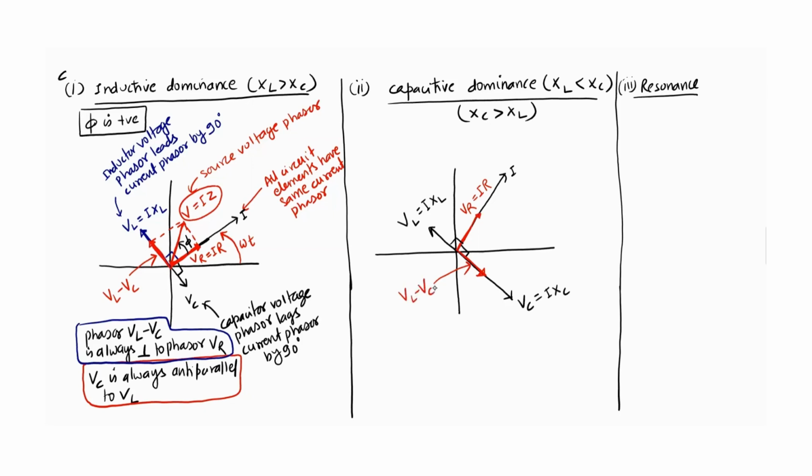Now the resultant of VR and VL minus VC is this.